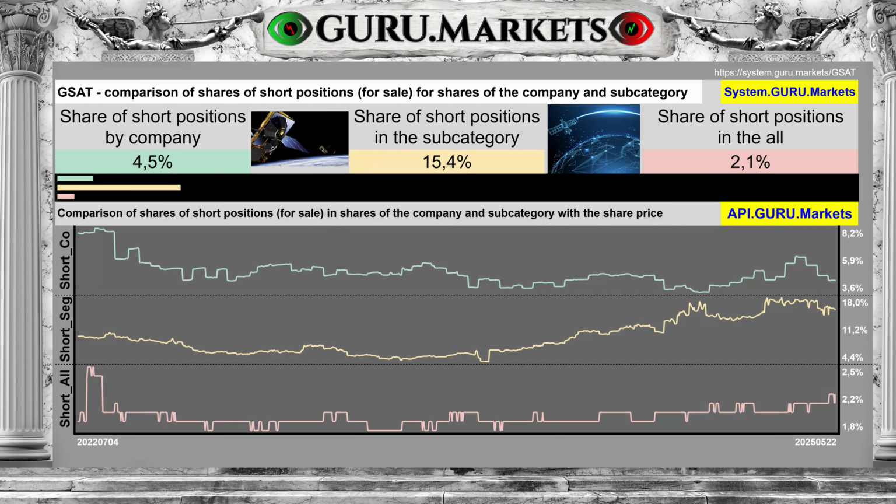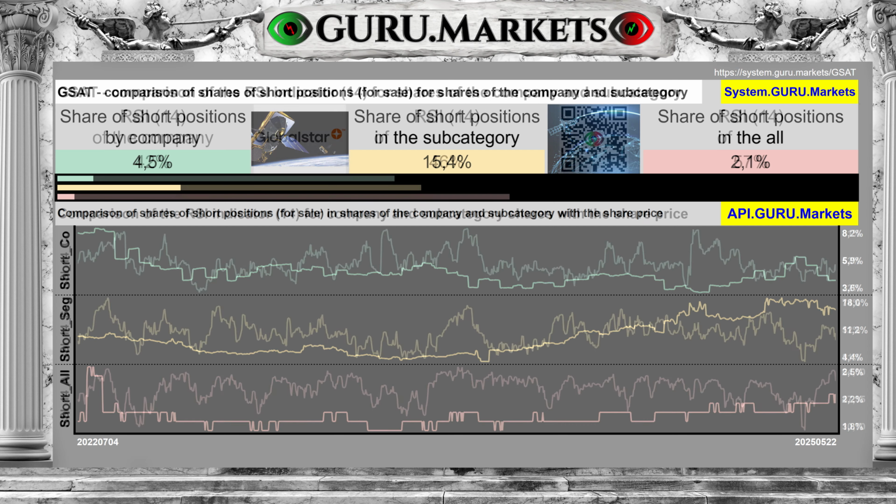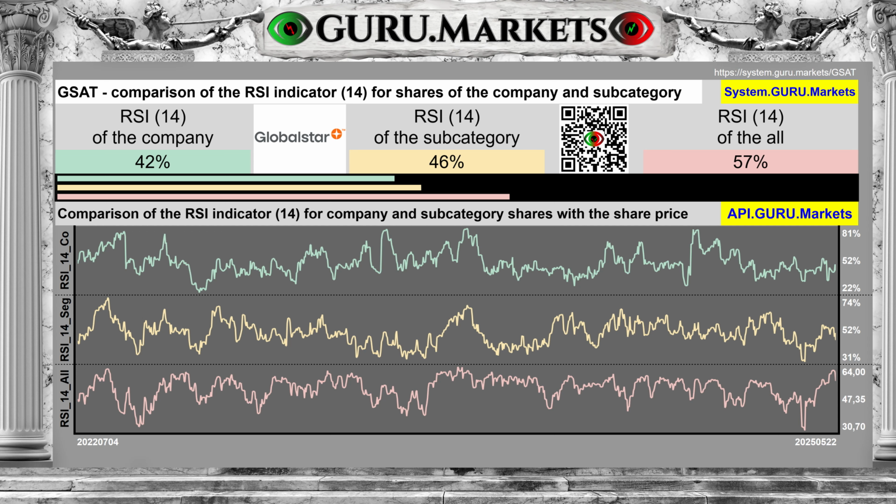The volume of short transactions corresponds to 4.5%, with an average for the subcategory of 15.4%. This is an indicator of a possible short squeeze. Technical indicator RSI 14 shows a level of 42% for the company Globalstar Inc. For the subcategory, this level is approximately 46%.